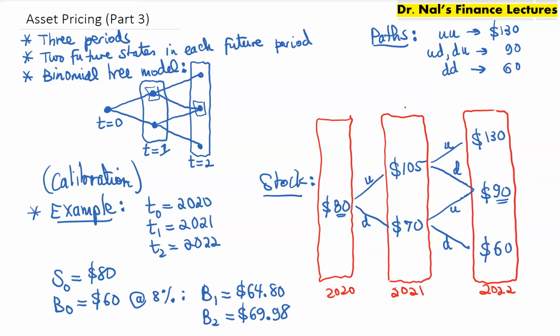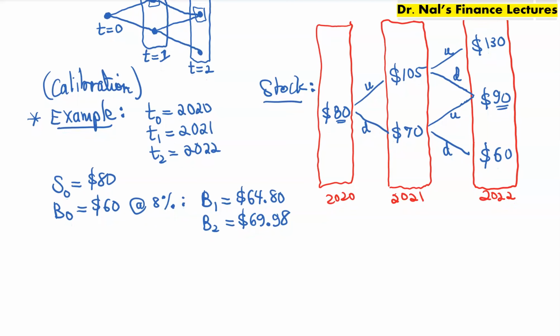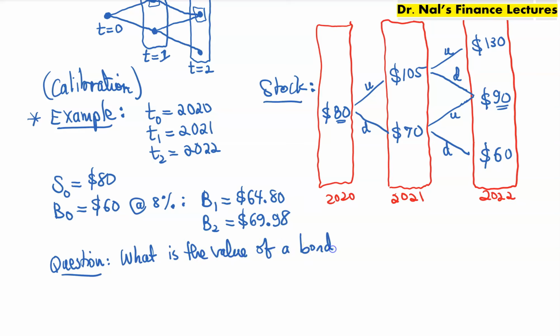Now, given this structure, this model, what we want to do is value yet a third asset. All right, the third asset that we want to value is a call option. Based on all these givens, what is the value of a bond, sorry, not a bond, a call option, I should say, a call option with maturity 2022.